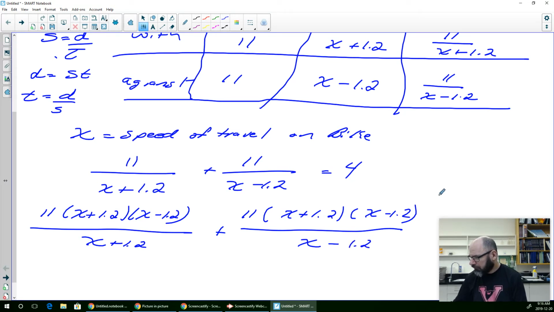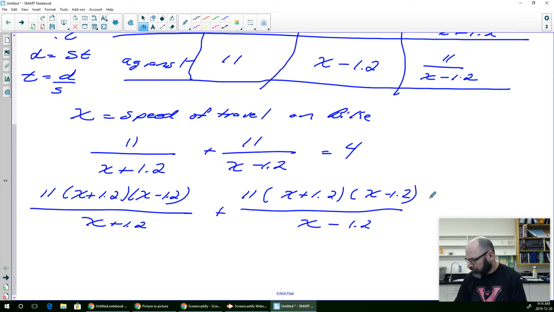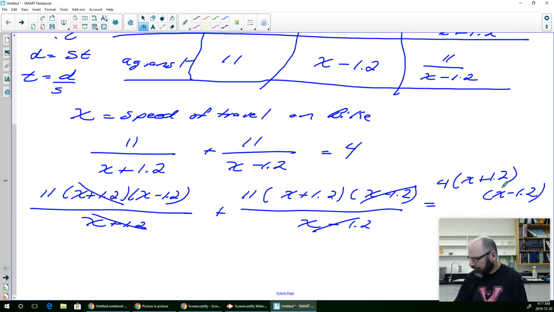And then this one, we're going to have to put all of it there because there's nothing on the bottom. So that's going to equal 4 times x plus 1.2 times x minus 1.2. So this is going to cancel out here, and this is going to cancel out here, and nothing's going to cancel out there.